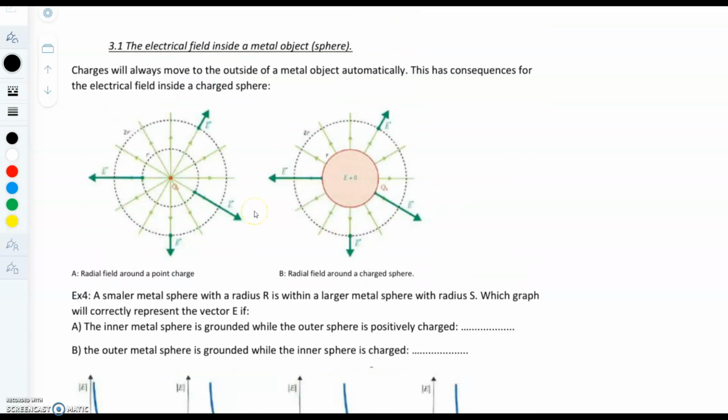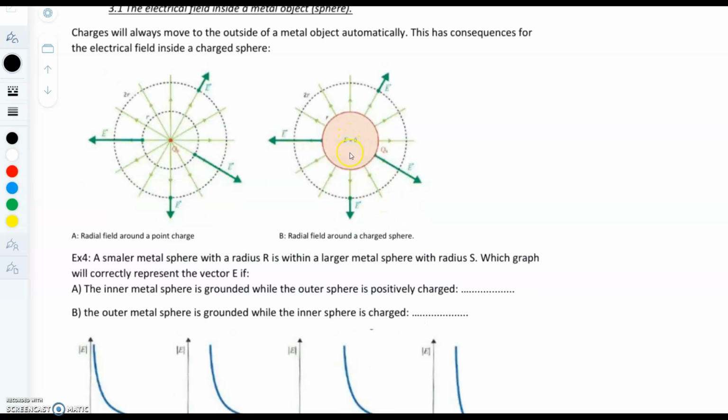Now, one final thing that we have to discuss here concerning electrical fields are those inside of a metal object. If you've got a metal sphere like this, right, if it's a simple point charge, there will be an electric field all around it. However, a special thing to remember is if you have a charged object, inside of a charged object, the field is always 0, right?